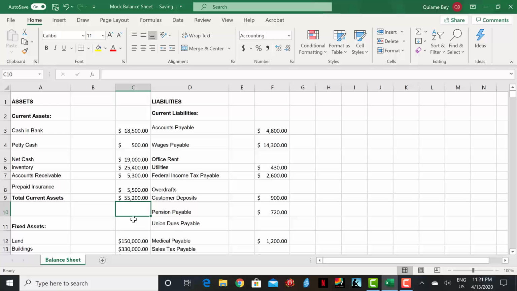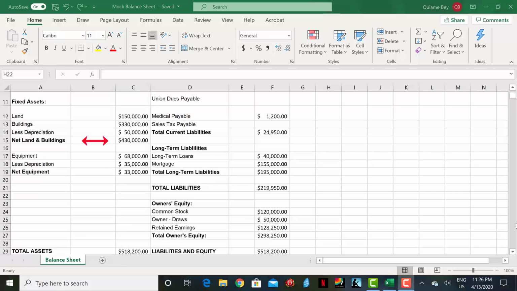And we should have received the value of $55,200. The reason we did not calculate cells C3 and C4 is because those cells added together equals C5. So C5 is our starting point.